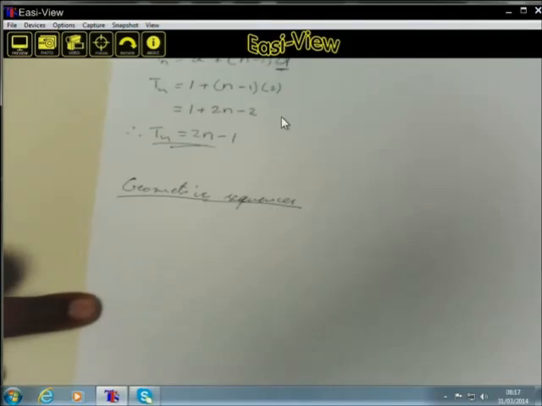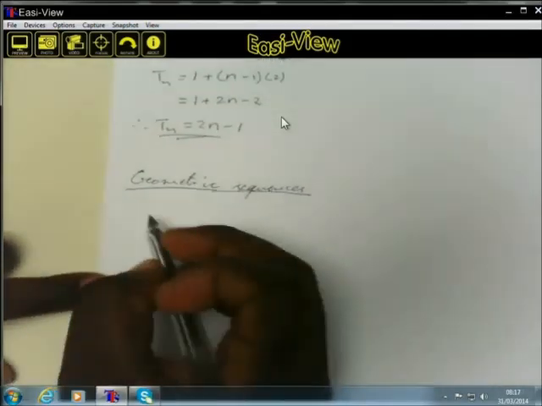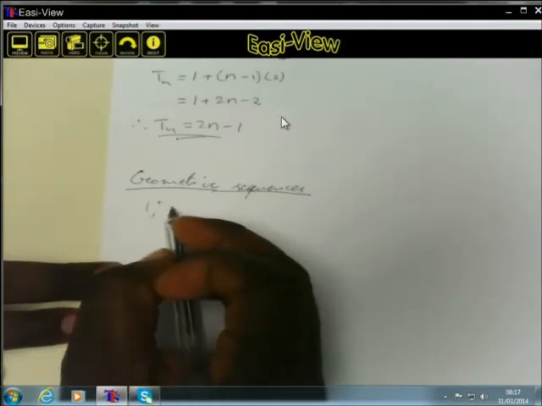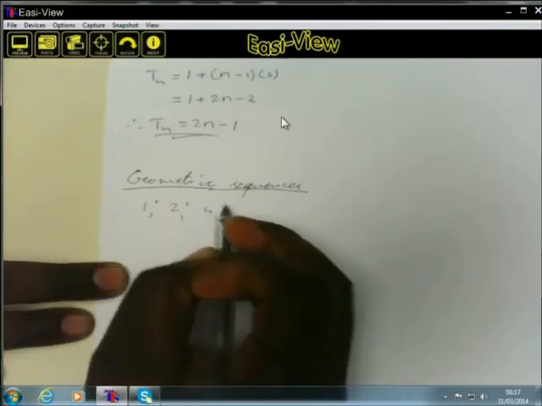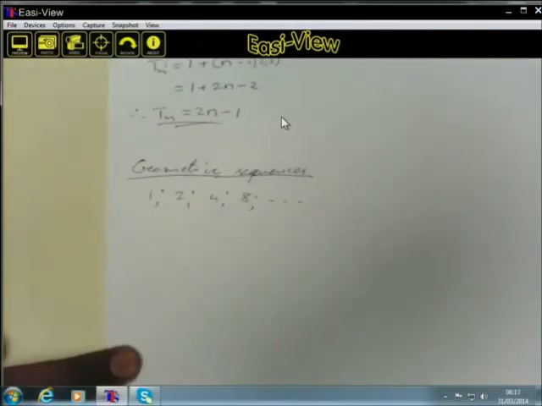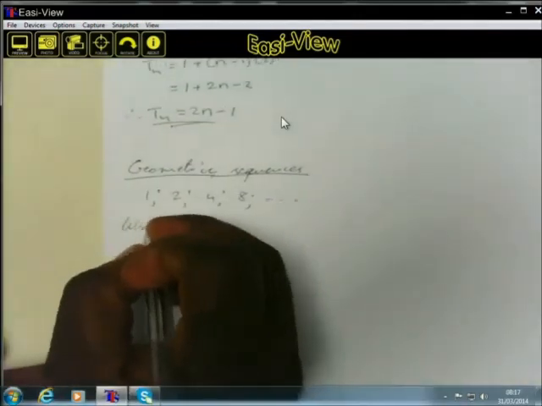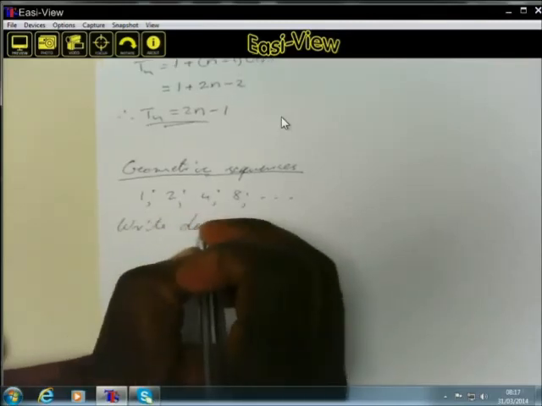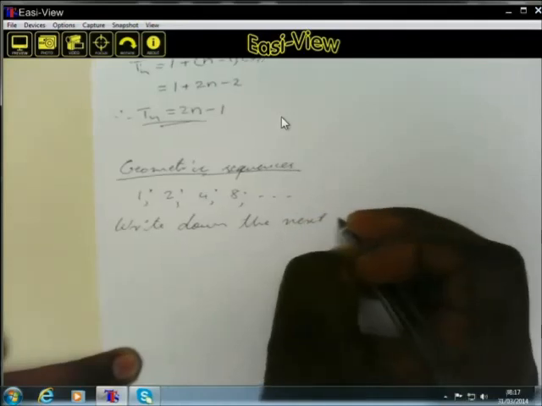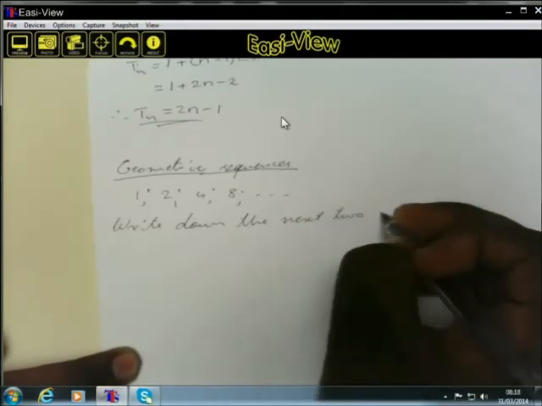So that is what we call a common difference. Now, with geometric sequences, let us look at this number pattern or sequence. If you are given, for instance, 1, 2, 4, 8, and they say to you, write down the next 2 terms.